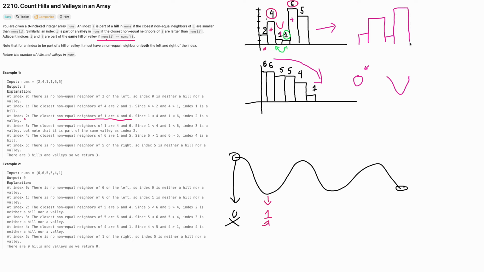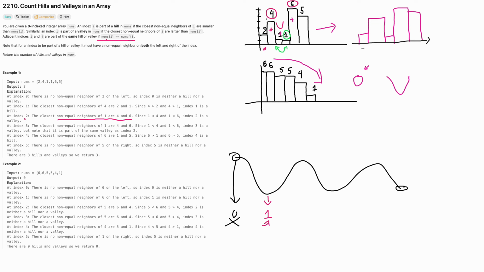If that is the valley or the hill, it will always be a hill or a valley. So here we just keep only one, this one is 6, and this one is 5. Okay, let's use another color here.